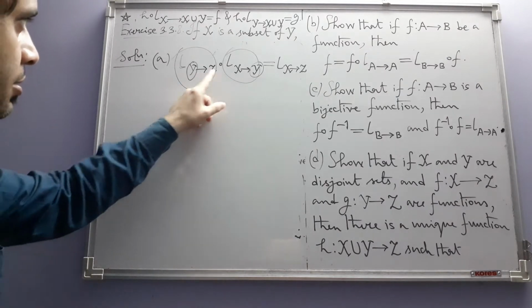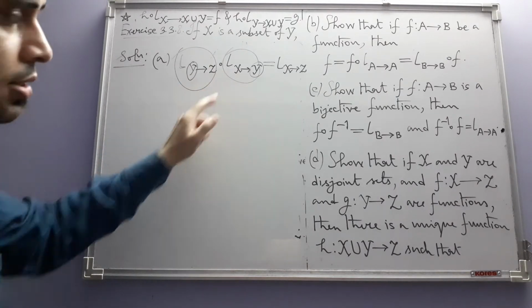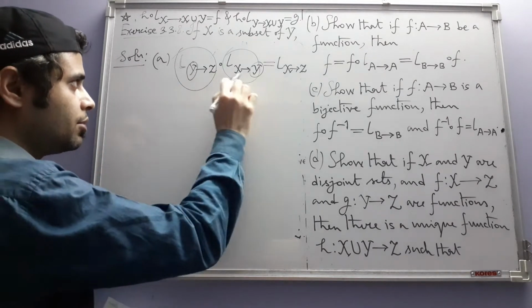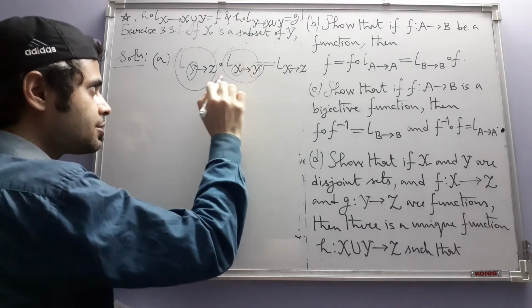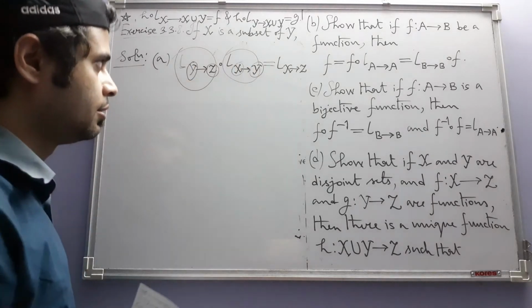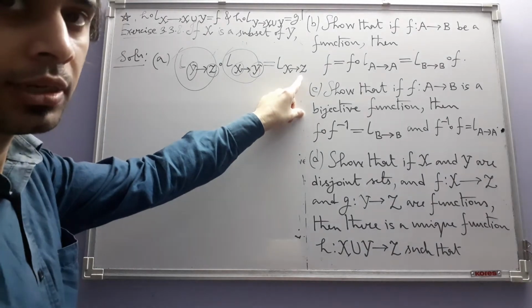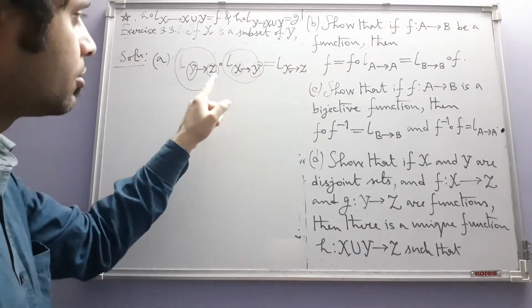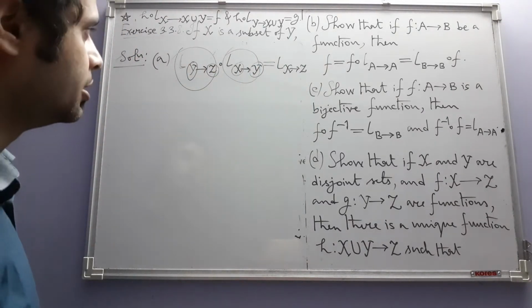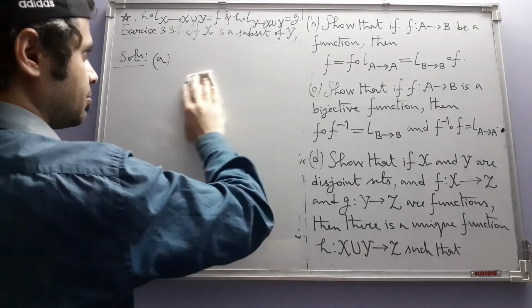So that means this composition makes sense. And the composition will have domain X and range Z. This map also has domain X and range Z. So the first condition for equality is true in this case. So let us just write that.